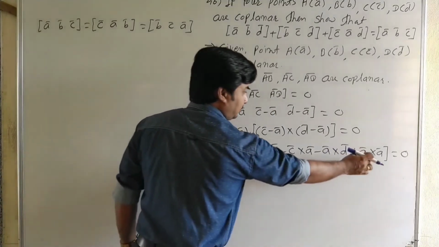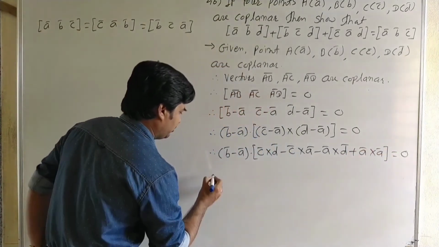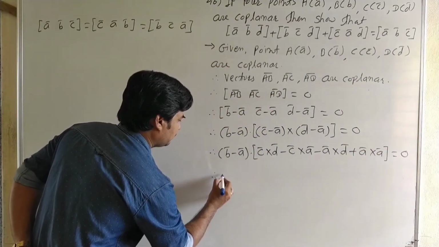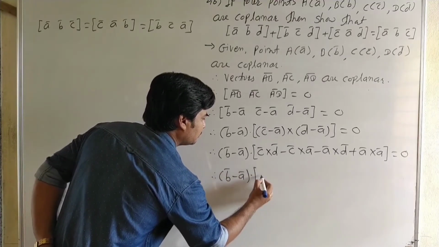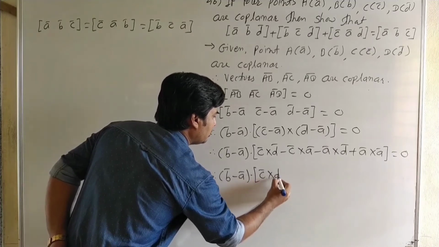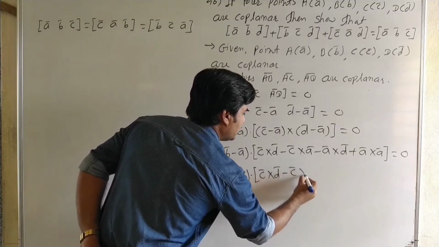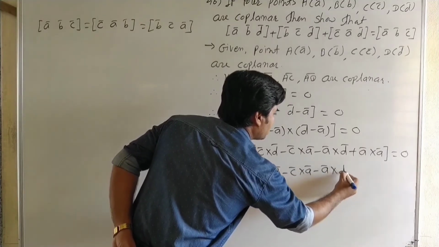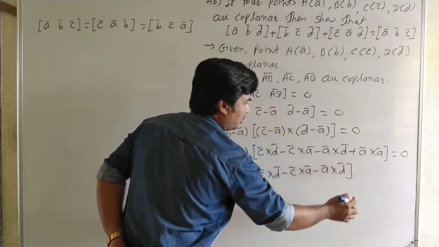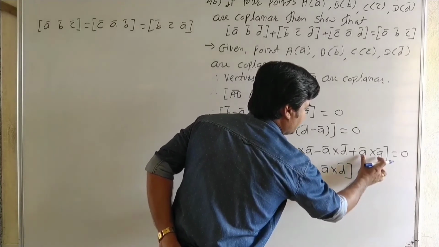Again we know that A bar cross A bar is 0 by using the property. Therefore we can write here B bar minus A bar as it is dot C bar cross D bar minus C bar cross A bar minus A bar cross D bar, and A bar cross A bar is 0, is equal to 0.